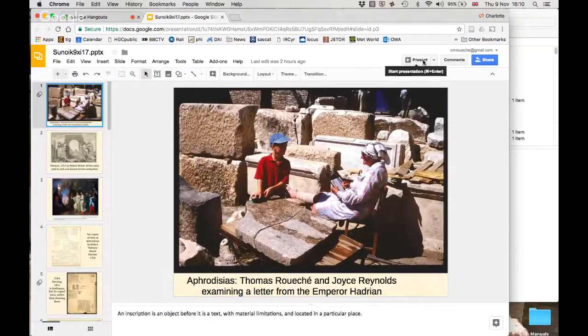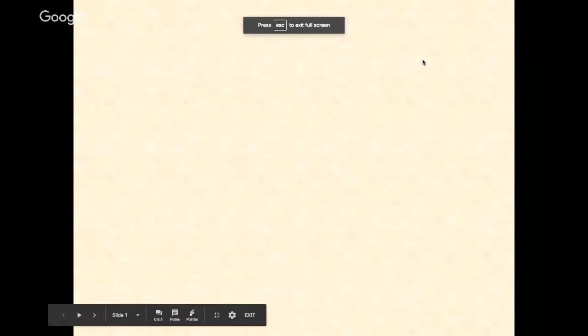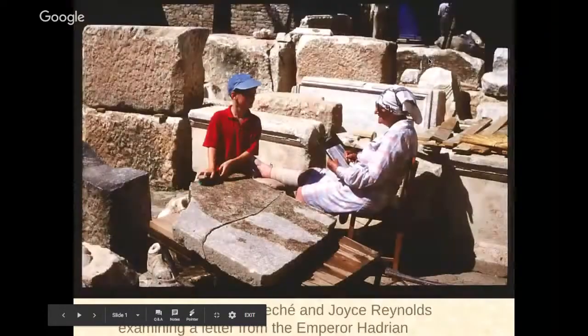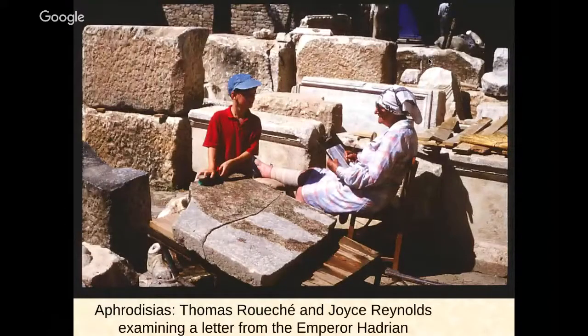I wanted to pick up precisely where Gabby stopped, which is that an inscription, and my involvement has been with inscriptions principally, is a thing. It's a thing in a place before you start piecing out the letters.